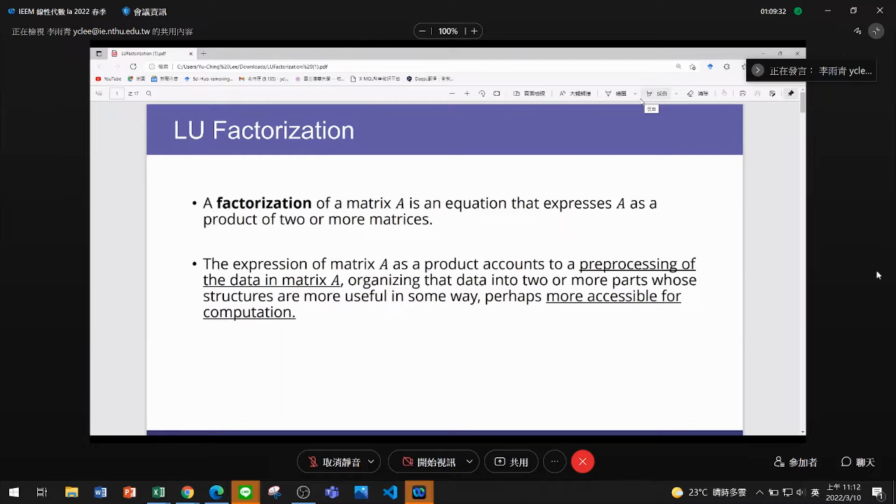Factorization 的意思就是说，把一个 A 矩阵做分解，那分解成的结果呢，会是 A 矩阵等于某两个矩阵的相乘。那我们看到的是第一个 factorization 是这边写的 LU factorization。那除了 LU factorization 之外，另外还有 QR，然后 LL transpose factorizations，有好多种分解法。那这些分解法呢，其实在应用上都是还蛮有用。那我们先从 LU factorization 开始。So we will start with the LU factorization.